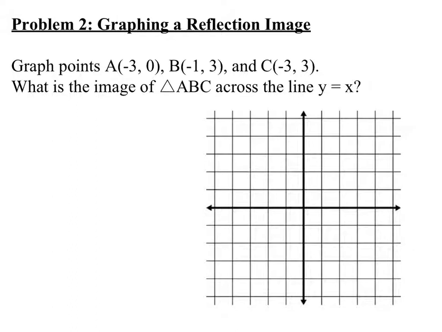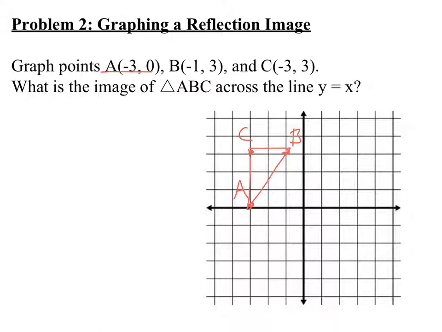For the last problem in this section, they kick it up a notch. We still have 3 points: A is at negative 3, 0. B is at negative 1, 3. And C is at negative 3, negative 3. So here are my 3 points.